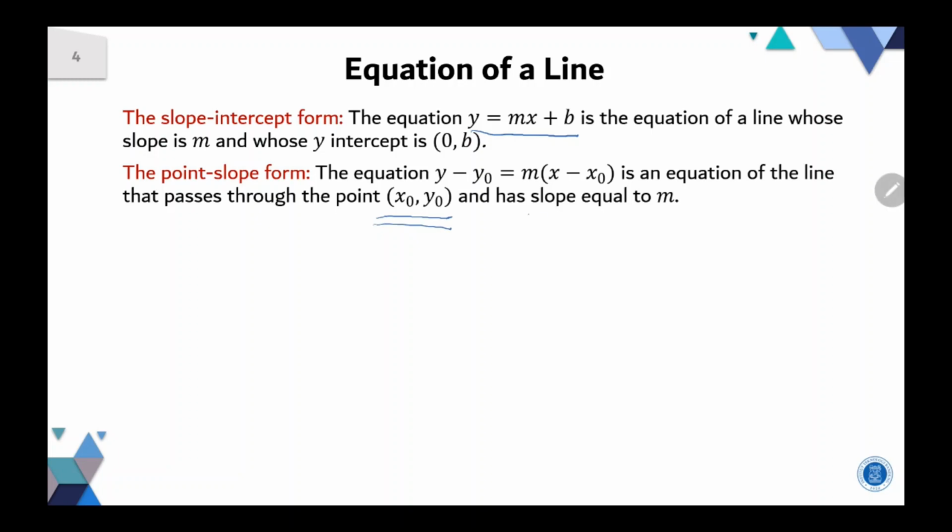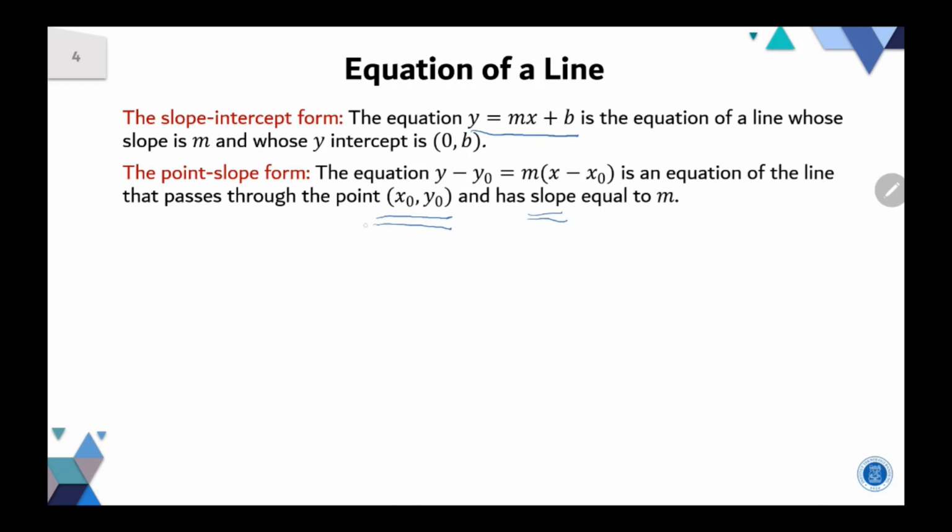And we know also the slope. Then we have this equation of a line, y minus y0 equal to m(x minus x0). Actually this is a more general form than the first one, because we can also find the slope intercept form by using the point slope form.